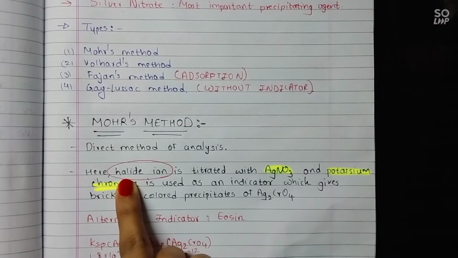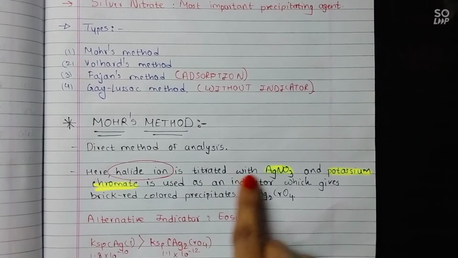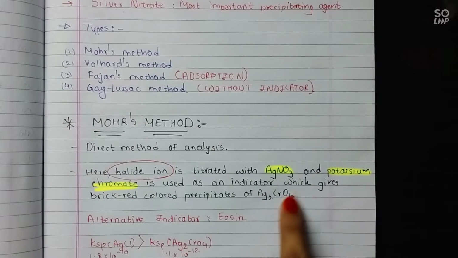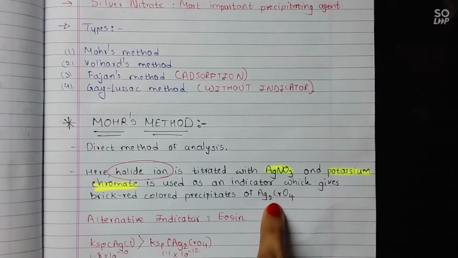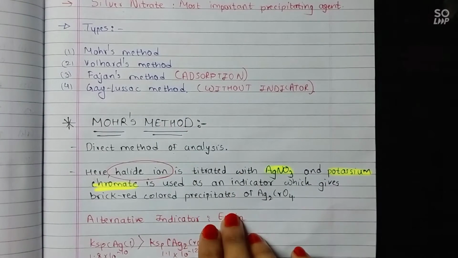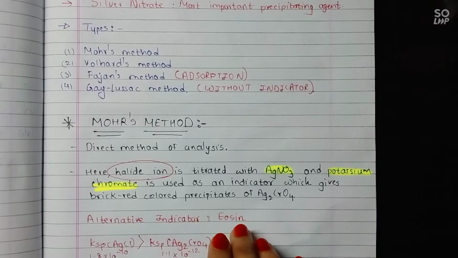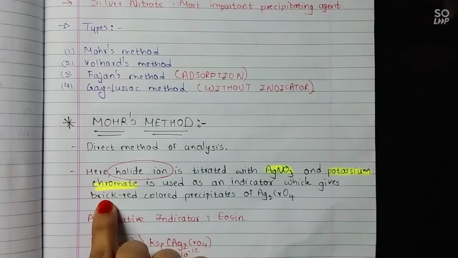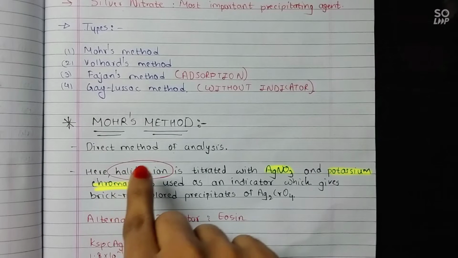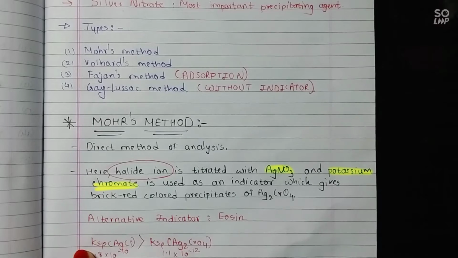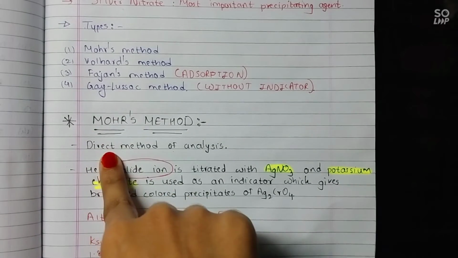Potassium chromate, which gives brick red color precipitates of silver chromate. Once we get these silver chromate brick red precipitates, it means the end point has been achieved. The indicator used is potassium chromate. We also have an alternative here: we can use eosin as an alternative indicator in Mohr's method.